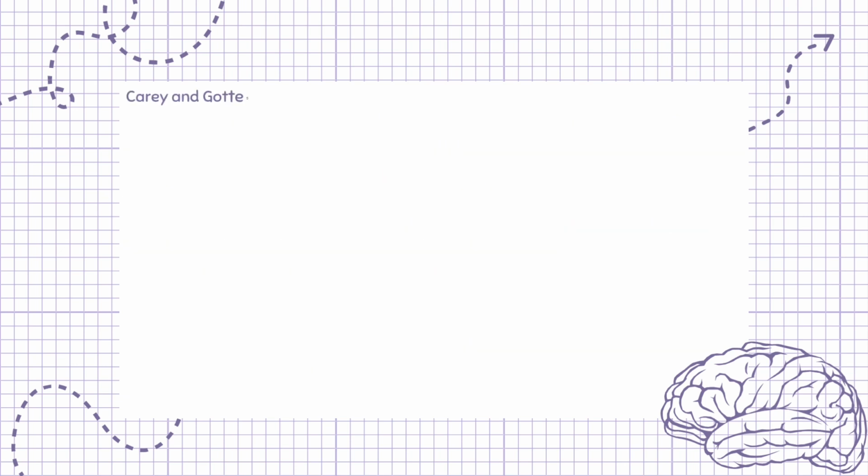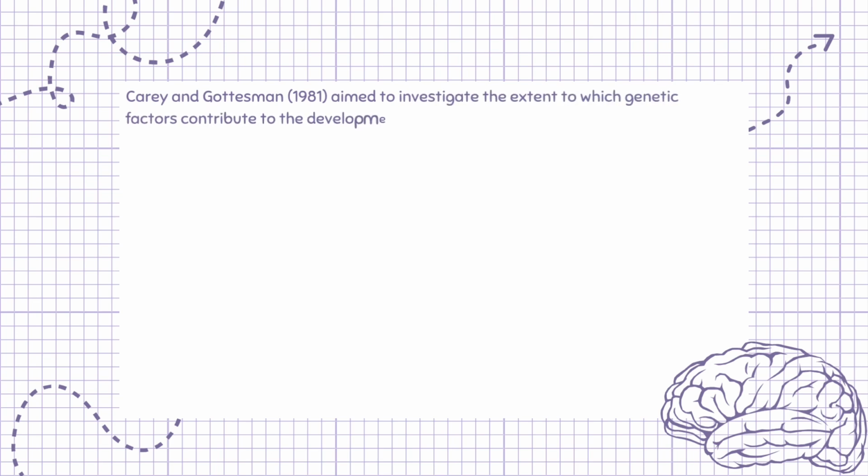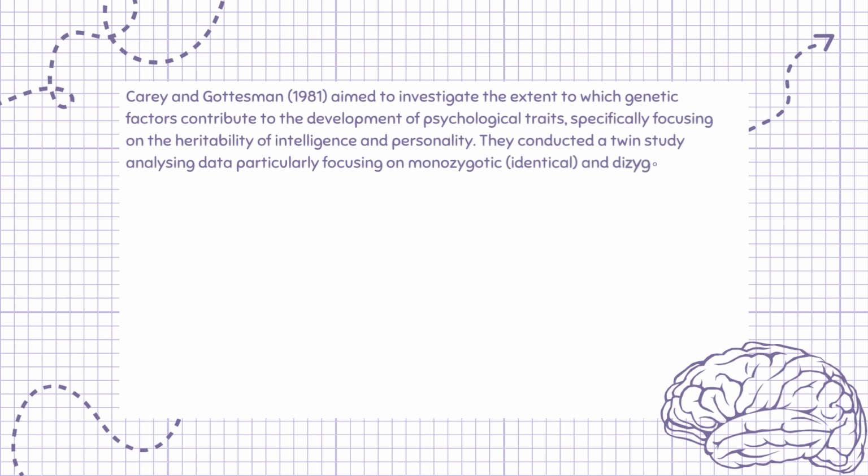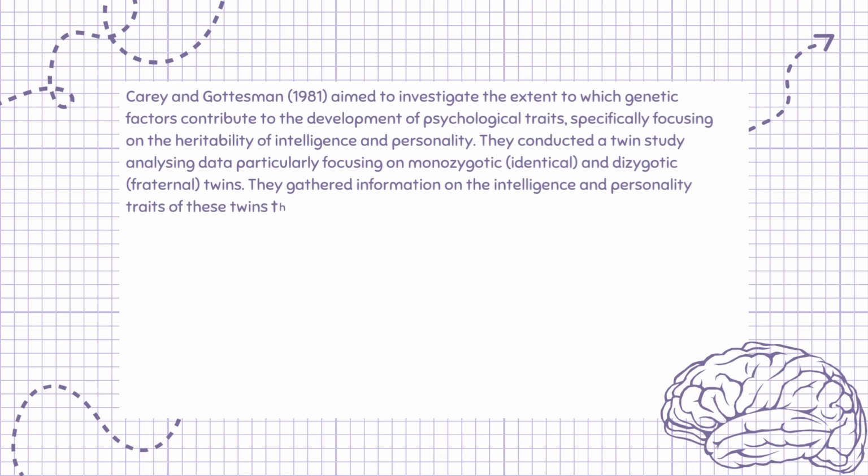Carey and Gottesman, 1981, aimed to investigate the extent to which genetic factors contribute to the development of psychological traits, specifically focusing on the heritability of intelligence and personality. They conducted a twin study analyzing data, particularly focusing on monozygotic, identical, and dizygotic, fraternal, twins. They gathered information on the intelligence and personality traits of these twins through standardized assessments and questionnaires.